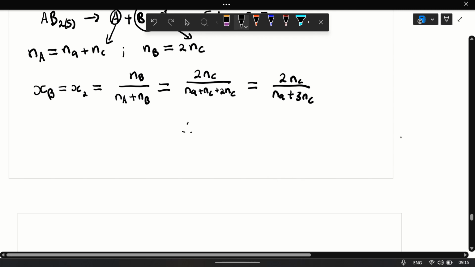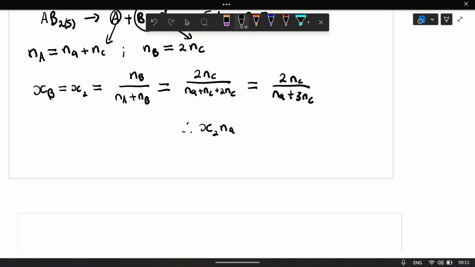Okay, and let's just quickly rearrange that. So then we have x2Na plus 3x2Nc is equal to 2Nc. In other words, x2Na is equal to Nc times (2 minus 3x2).